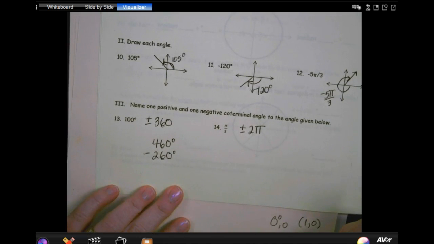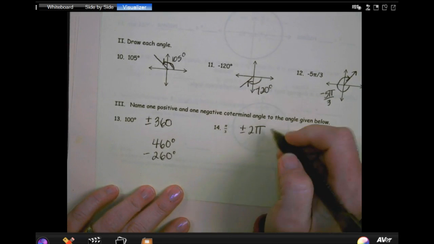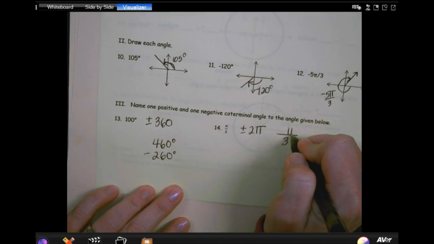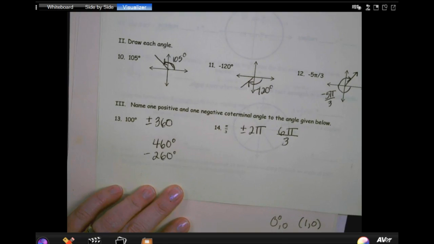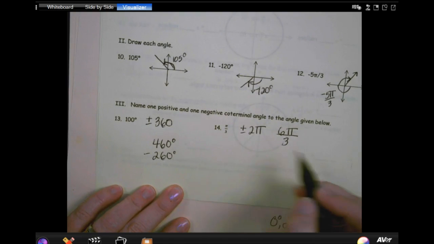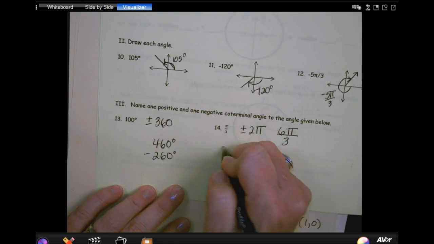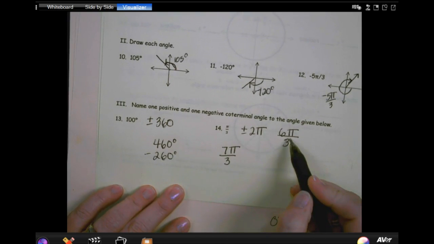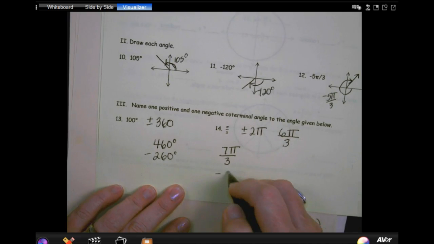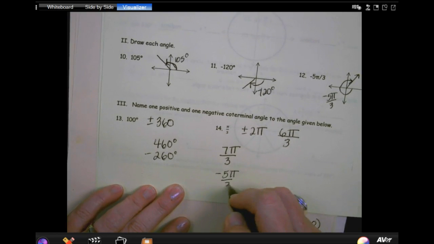Plus or minus 2 pi. When I have 3 on the bottom, this would be 6, right? Because 6 divided by 3 is 2. So pi over 3 plus 6 pi over 3 gives me 7 pi over 3. And pi over 3 minus 6 pi over 3 gives me negative 5 pi over 3.